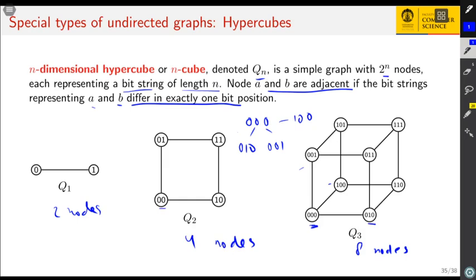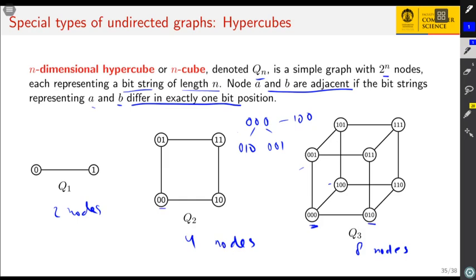It's hypercube because you could have, for example, 4. If n is equal to 4, then you have very complicated pictures, even 5 and so on, right? And you also observe that Q3 could be obtained from Q2.